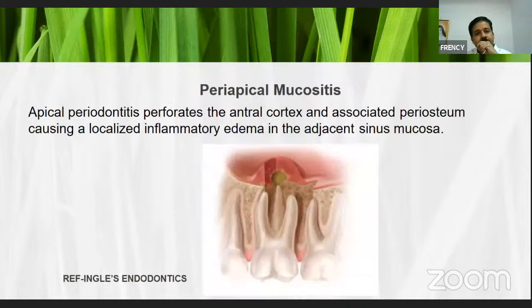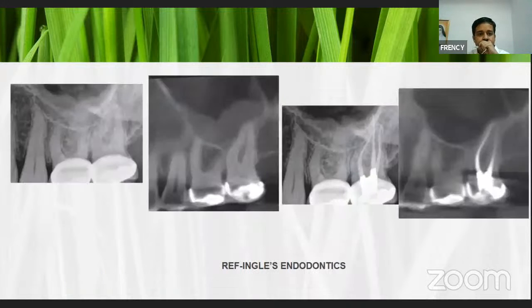And another one is periapical mucositis. There is no bone deposition, but the apical periodontitis perforates the antral cortex and associated periosteum, causing a localized inflammatory edema in the adjacent sinus mucosa. The inflammation caused the rupture of the membrane, and there is a mucosal deposition. In the second picture, you can see the slight mucosal radiopacity in the CT scan.